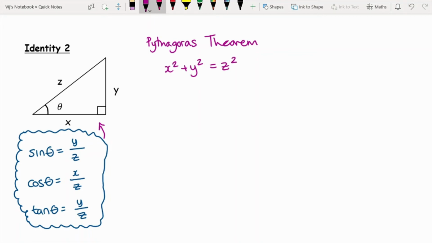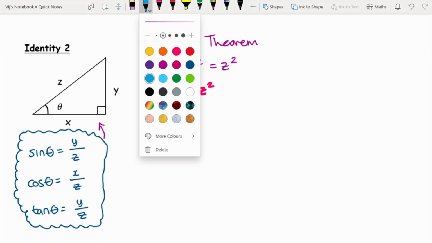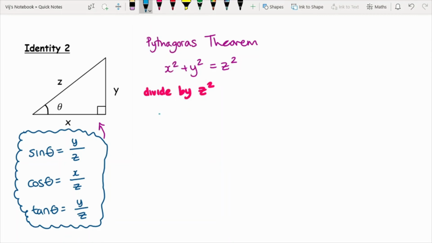Now if I divide everything by z squared, I get x squared over z squared plus y squared over z squared equals z squared over z squared.